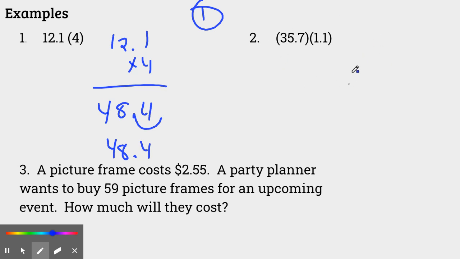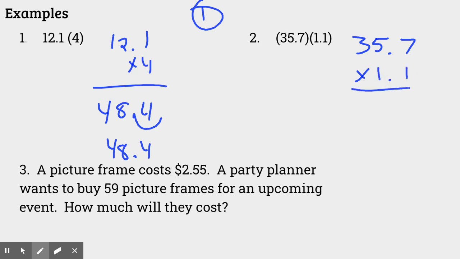All right, for this next problem, this is a good example of making sure you line your decimals up to the right. So I have 35.7 times 1.1. I'm going to make that note to myself to move the decimal places 2 at the end. So now I'm just going to go through and multiply this.